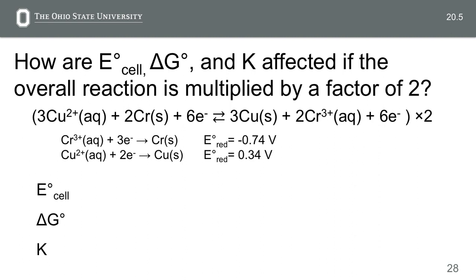Given all that we've just looked at, we can summarize the effect of stoichiometry on our different values for E cell, for delta G, and for our equilibrium constant K. If we multiply that overall cell reaction that we just worked on by a factor of 2, we'll have 12 electrons transferred.